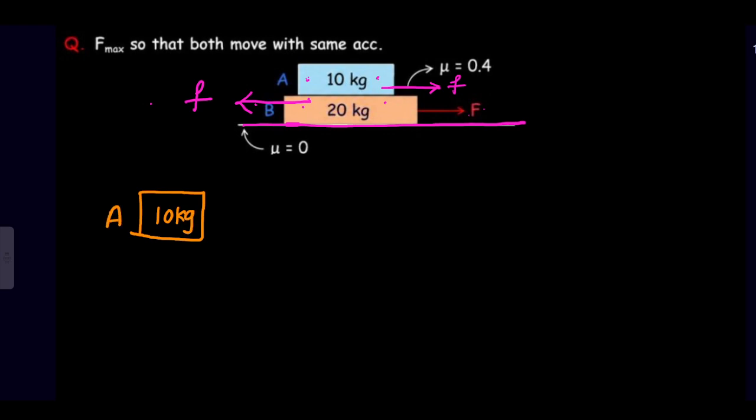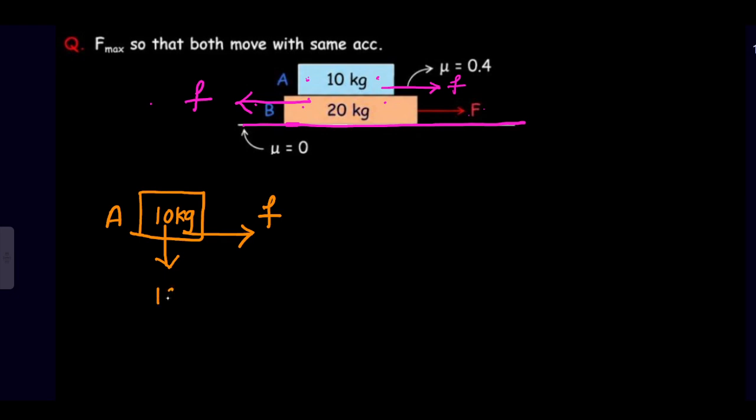Now you see this thing here. On this block only friction is present. Which direction is the friction? This is the direction of friction. Can you tell me how much the frictional force between A and B is? Look at the weight of this block. The weight acts downwards.